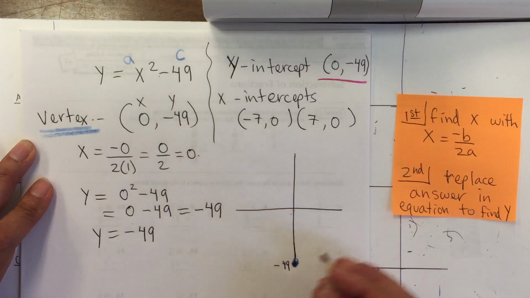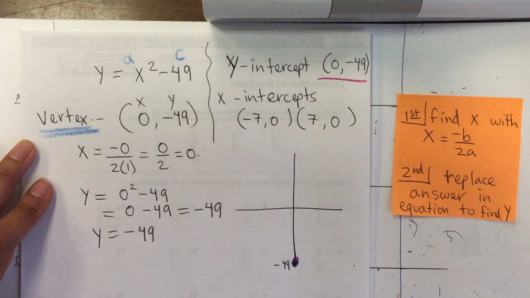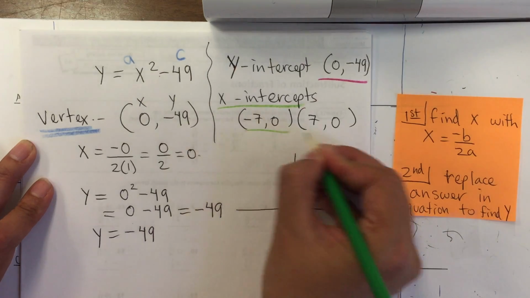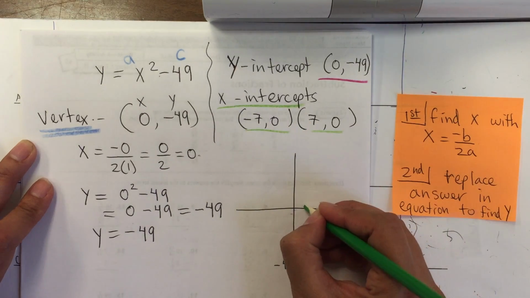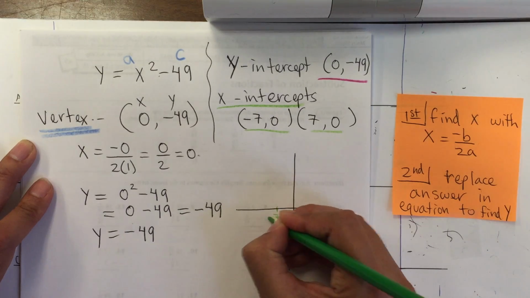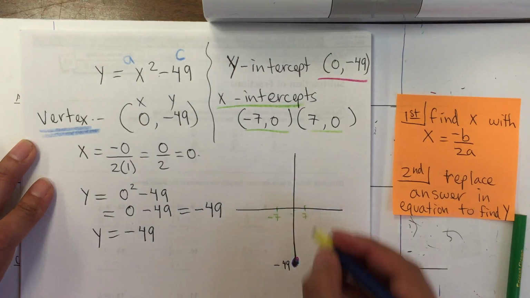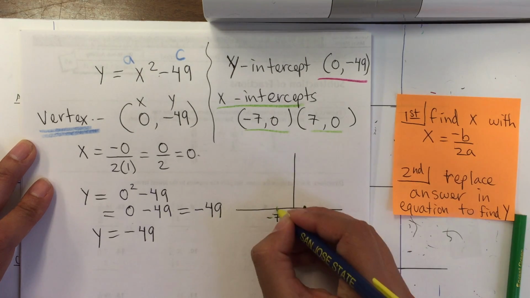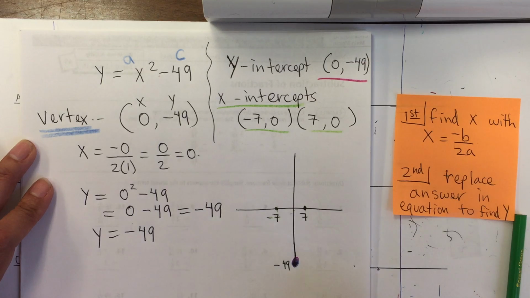Your y-intercept will also be there. And your x-intercepts are at 7 and -7. Okay, so that will be the sketch.